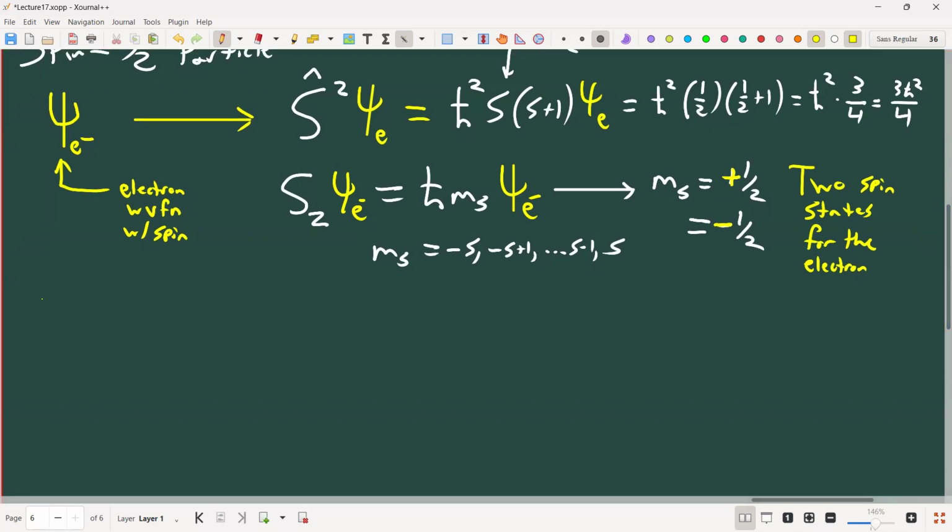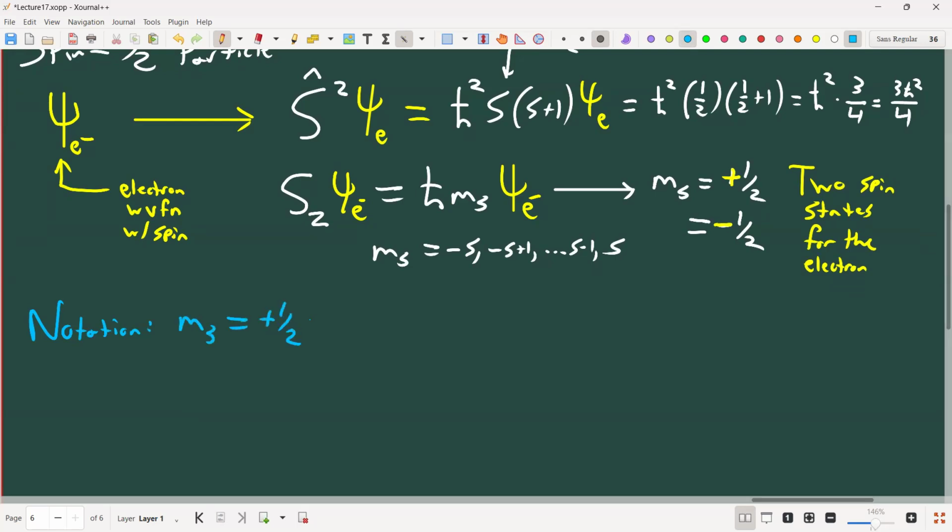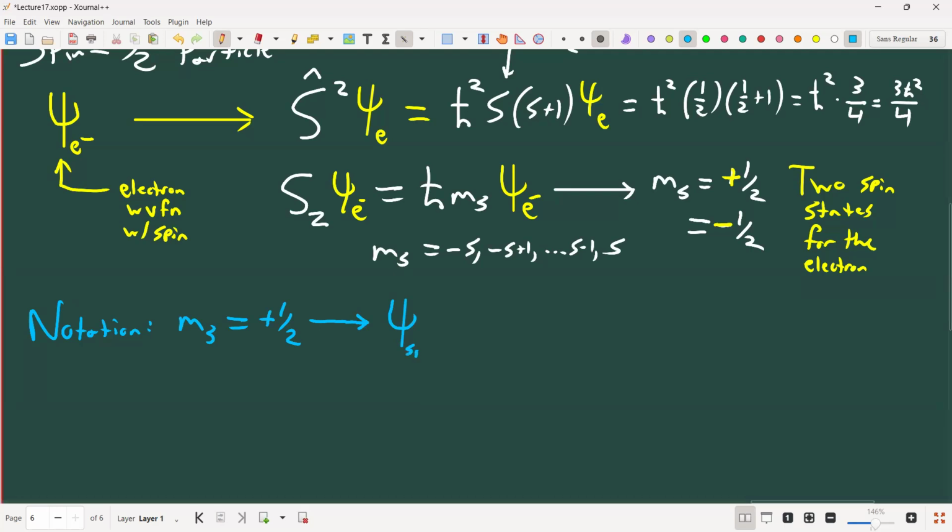Right, so some notation for you. We'll use this notation depending on the context. M sub s equals plus 1/2. We sometimes write the electron for this, or the wave function for this part of the spin. The label that chemists give it is what's called alpha.